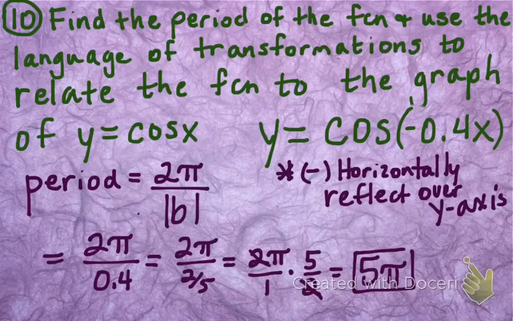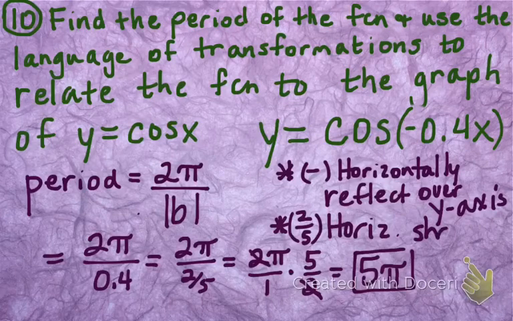And the 4/10 or 2/5 on the inside, because it's smaller than 1, is going to horizontally, and I'm going to abbreviate because I've written too big and I'm running out of room, horizontally shrink by 2, or no, I'm sorry, I just said shrink.